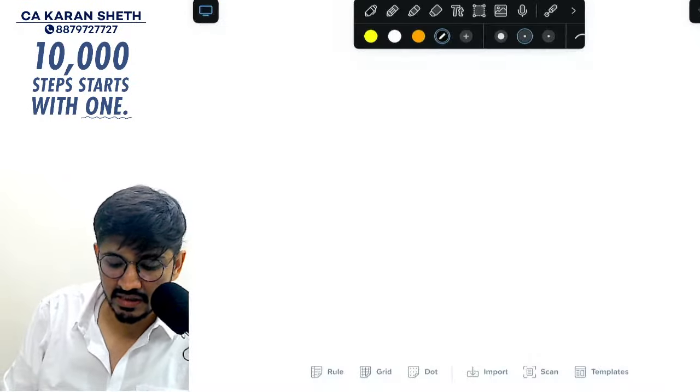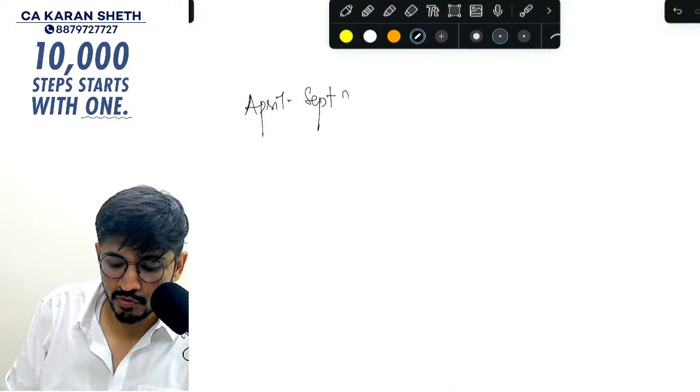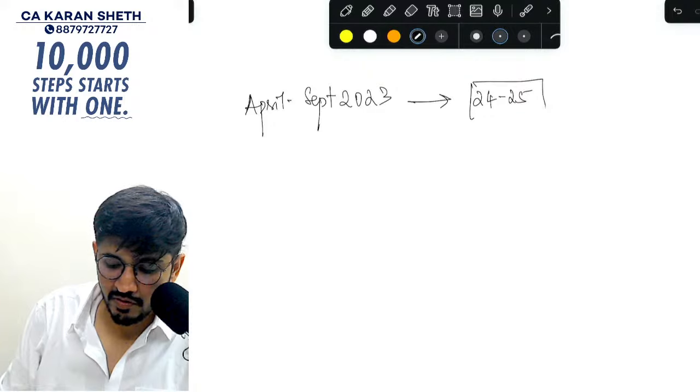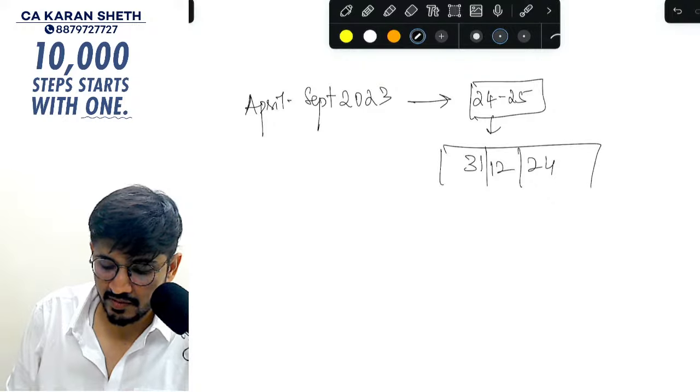That only means that, for example, if you have not filed returns for the month of April to September 2023, then understand which is the next financial year, 24-25. When is the annual return you file for it? 31st December 2024.